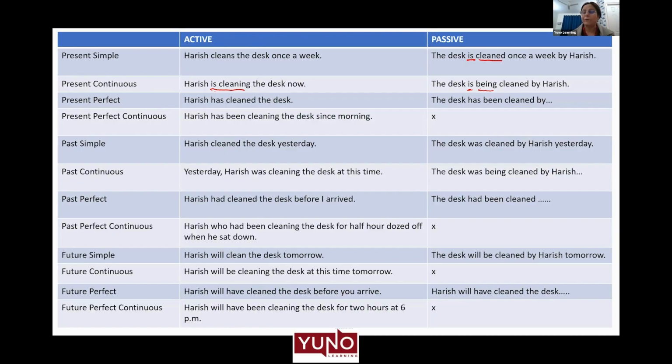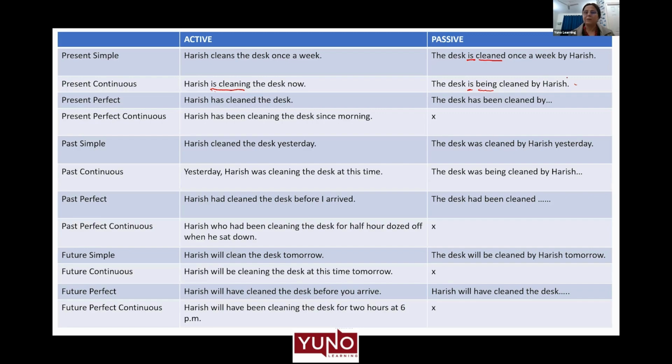This is also a form of the verb be. So be, present, is, am, are, past, was, were. Past participle, been, B-E-E-N. Present participle, B-E-I-N-G. That's what it is, ing form of the verb. So the desk is being cleaned by Harish. So this shows an action in progress now.